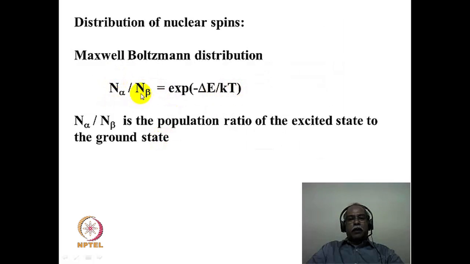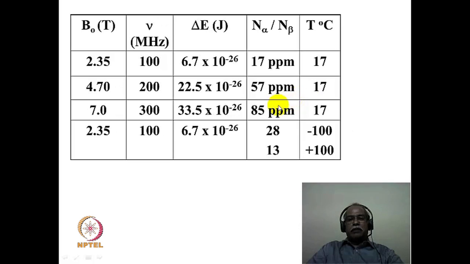Since the population ratio is governed by the exponential of one over temperature, it also affects the population difference. At low temperature, you have a higher population compared to higher temperature where you have a lower population, because of the inverse relationship of the population ratio to the temperature of the system.